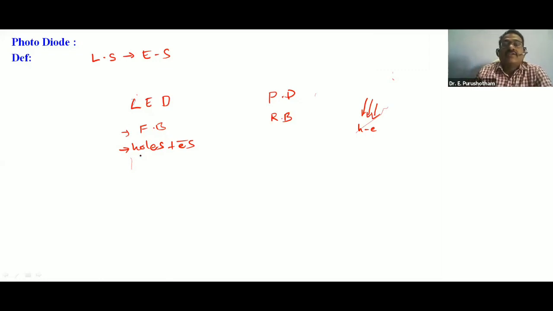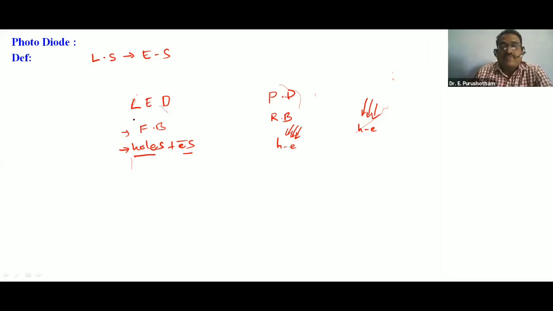In an LED, the hole and electron recombine with each other and emit radiation. But here the hole and electron pair generates carriers, as light is falling on the electron-hole pair, and it gives some current. So that is the main difference.